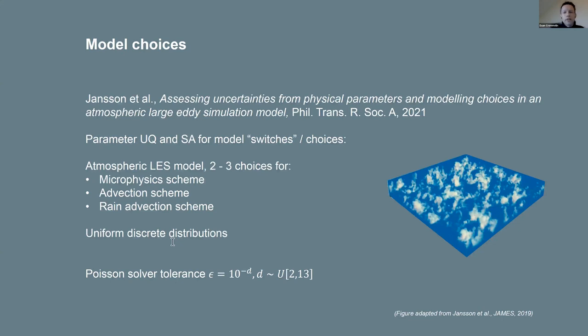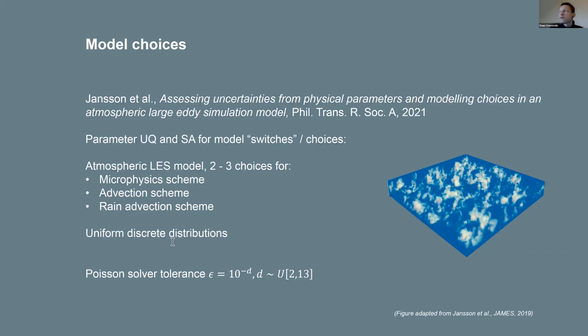So what we did here was a fairly simple idea, but I wanted to show it nonetheless. We considered these model switches as, say, a discrete parameter. Choices for a discrete parameter, right?